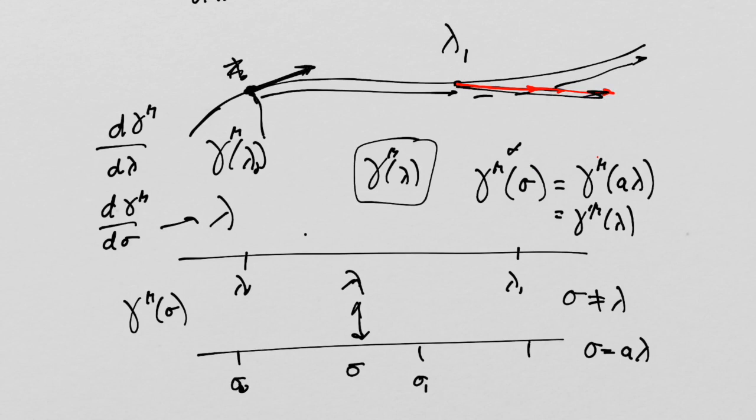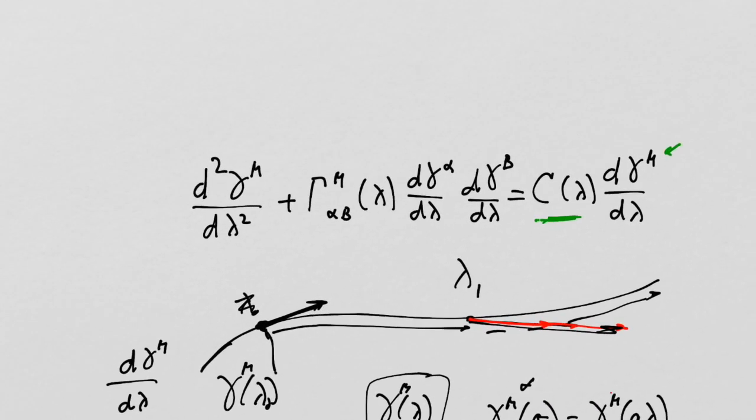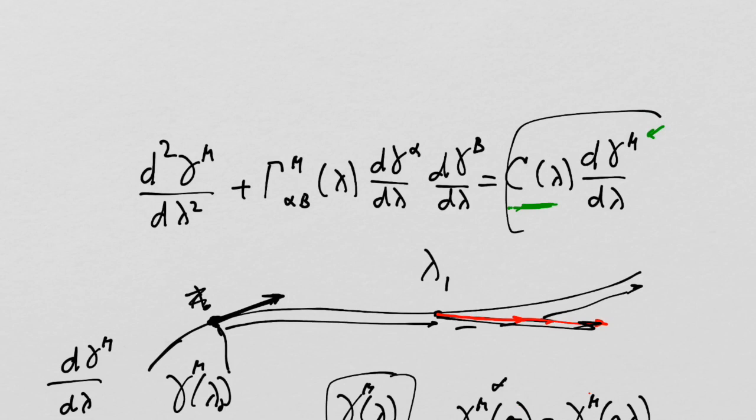And we're going to show that by reparameterizing this curve in a pretty clear way, we can always make this right-hand side equal to 0. And then that will ultimately be our geodesic equation. And that parameter will be called an affine parameter.